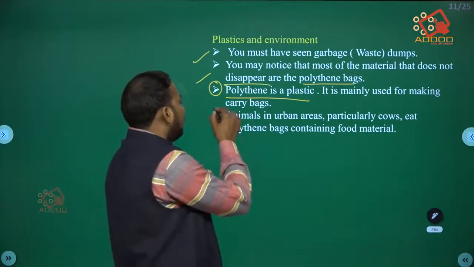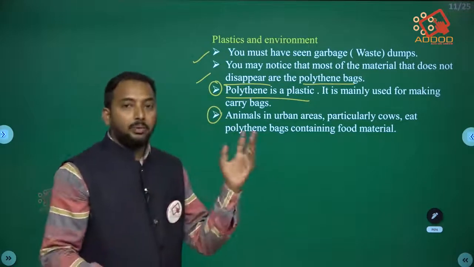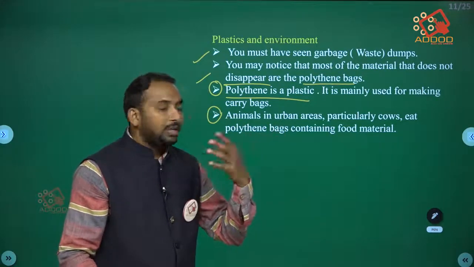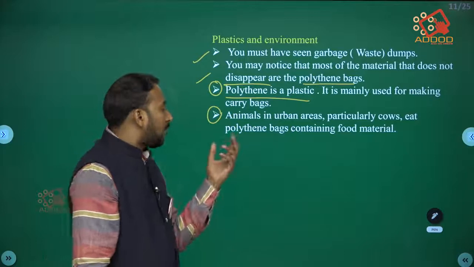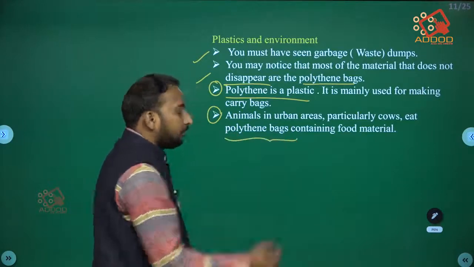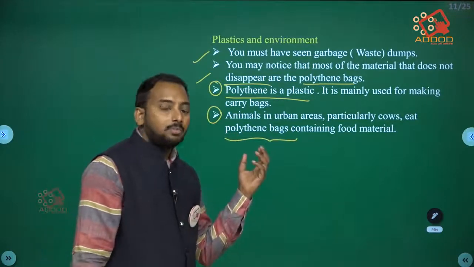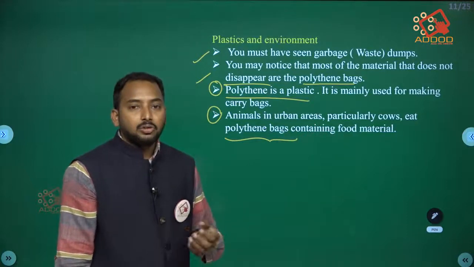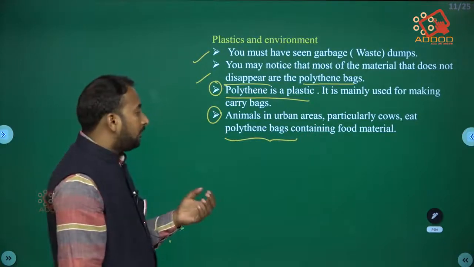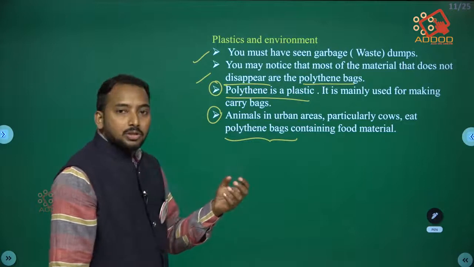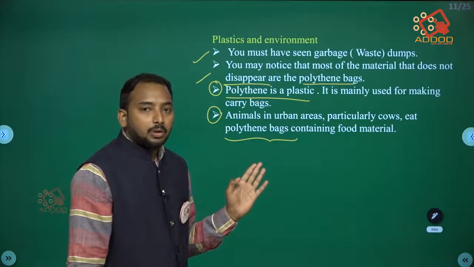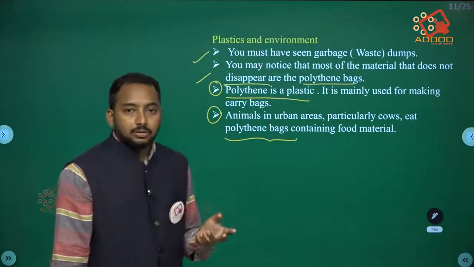In urban areas, animals, particularly cows, swallow polythene bags because the bags contain food material. The bags go into the stomach of the animal, which is very dangerous.